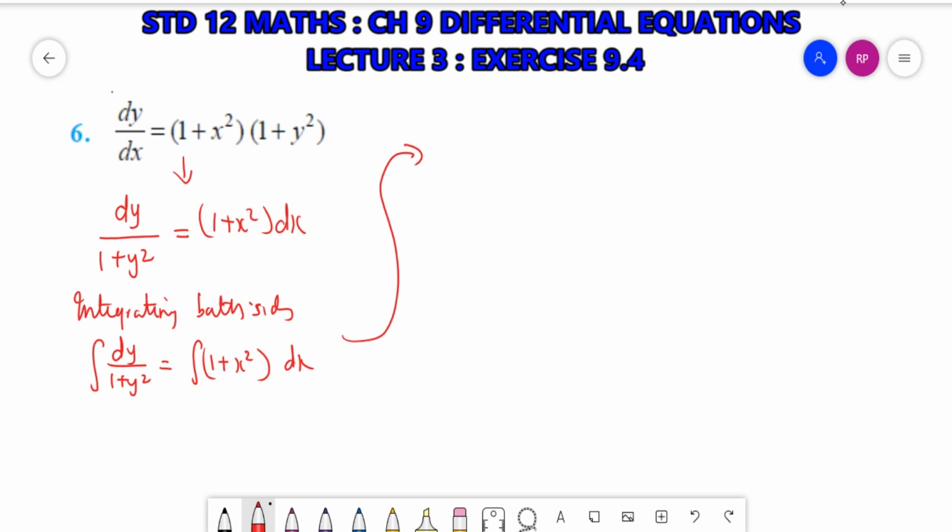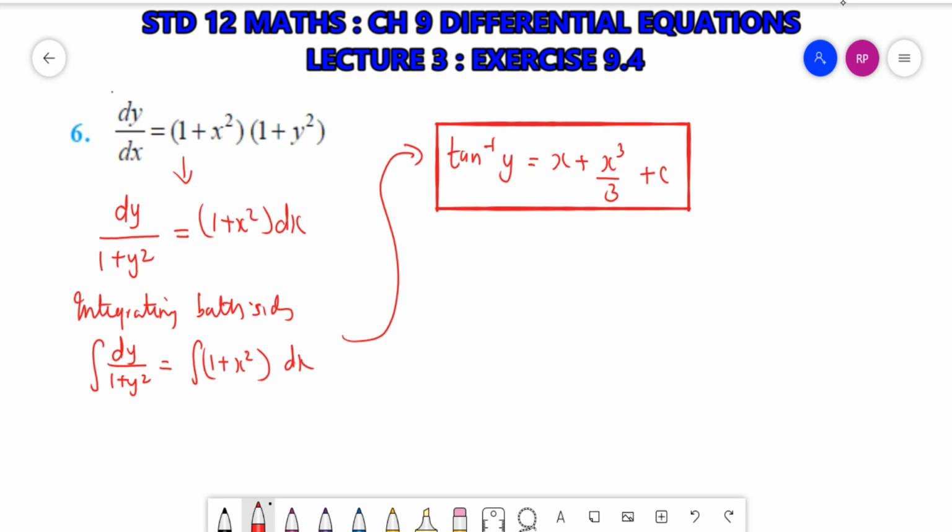So now integration of dy upon 1 plus y square, that will be tan inverse y, integration of 1, that is x, integration of x square, that is x cubed by 3 plus c. So tan inverse y equal to x plus x cubed by 3 plus c. This is the general solution of question number 6. So just note it down.